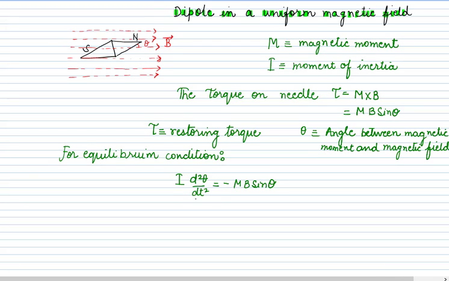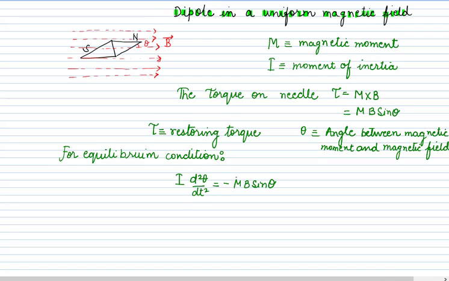So this we call the deflecting torque, and this is the restoring torque which is trying to restore the position of this compass needle. Equilibrium condition is when these two torques are balancing each other, when they are equal to each other, then our compass needle will be in the equilibrium position.